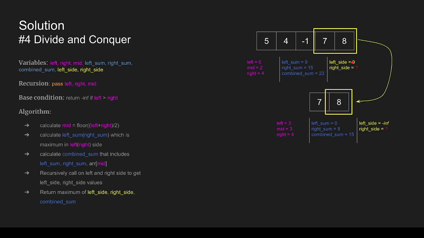Then we go to the right side, where the left index is 3, the right index is 4, and the middle element is calculated as 3. We don't have any left array anymore, so the left side becomes minus infinity, and the right sum is only one element, so it becomes 8, but it hasn't hit the base condition.